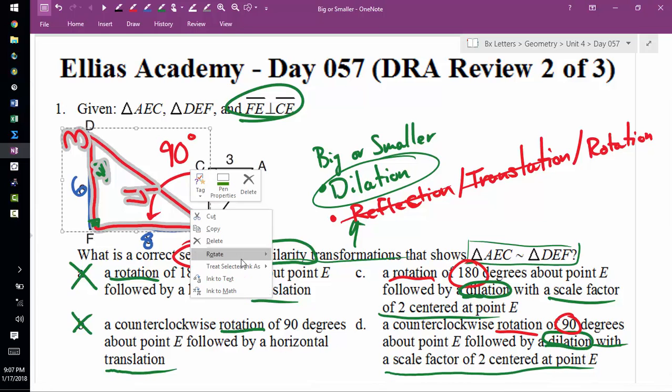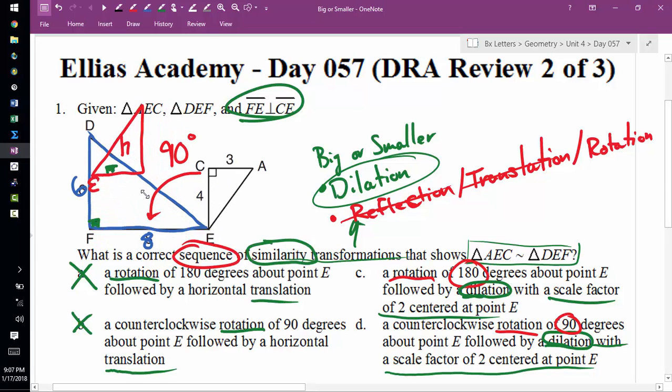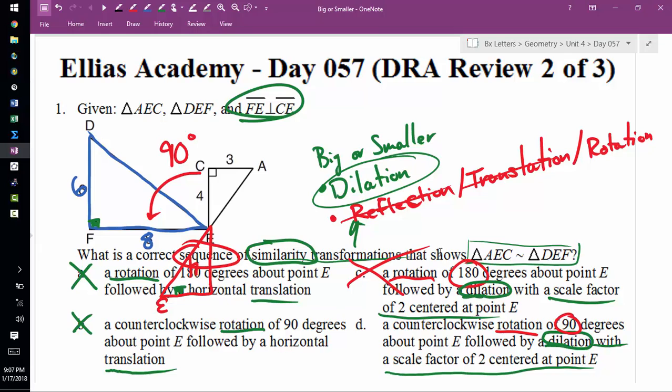If I rotate it another 90 degrees to the left, that's 2 90-degree rotations, and that would be what 180 looks like. And that's why C can't be correct, because 180 degrees makes it go too far. It makes it go way, way beyond that blue triangle. So it rotates 90 degrees counterclockwise.